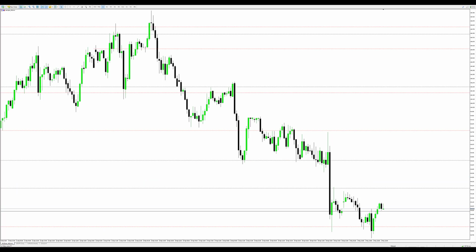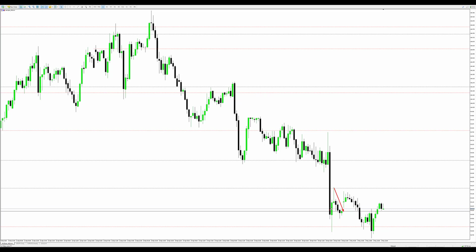Now you can clearly see the level that I've been highlighting to say market has to close that range. You see this green candle here, it traded all the way to the weekly range 99.30, and market traded to the downside.